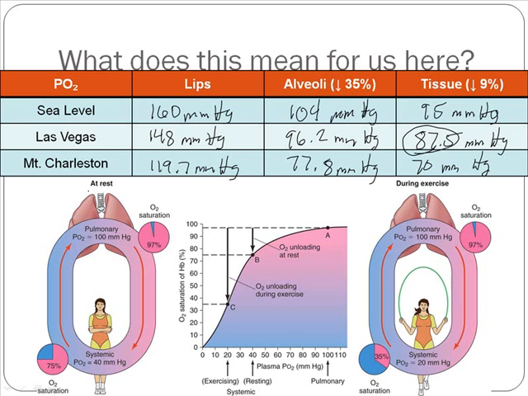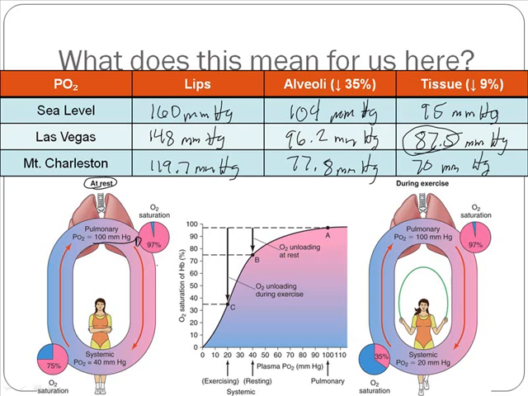The problem is that a lot of people think that when that red blood cell makes it down to the systemic tissues, most, if not all, of the oxygen leaves that red blood cell, and that's not entirely accurate. When a person is at rest, and we're looking on the left side of the picture here, if your PO2 is 100 millimeters of mercury in the lungs, that means you're going to have about 97% saturation of that red blood cell.